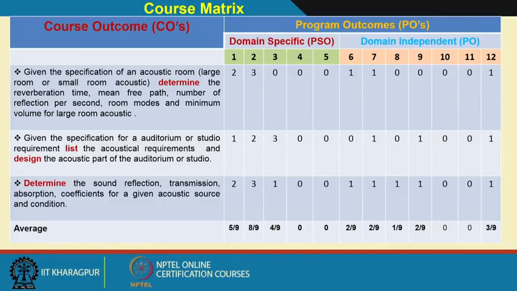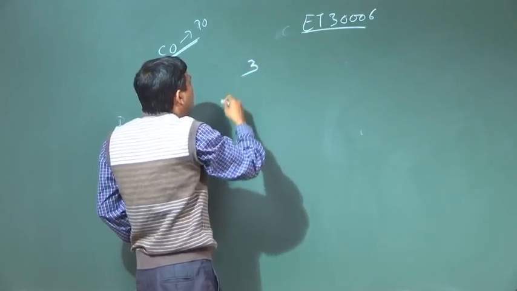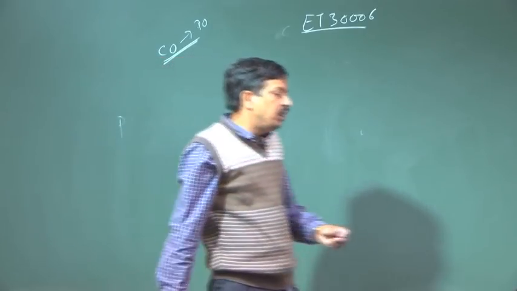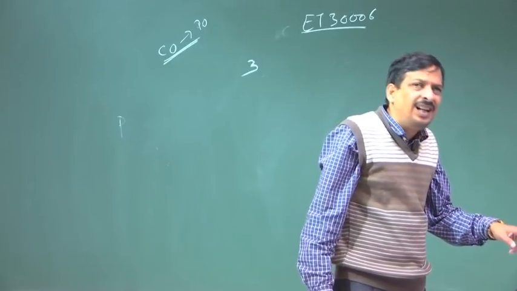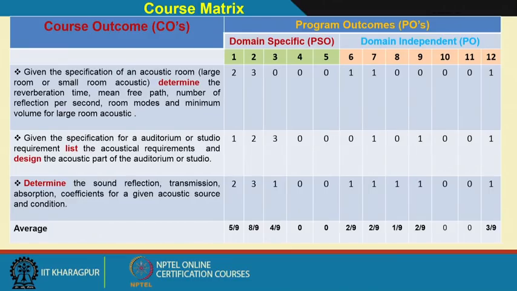Now, I decided on a 3-point scale, or you can choose a 5-point scale also. Let us use the 3-point scale. What is the 3-point scale? If my course outcome is fully matched with the specific program outcome, then I assign 3.